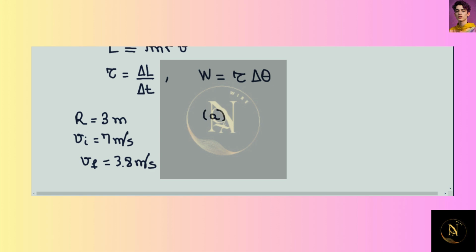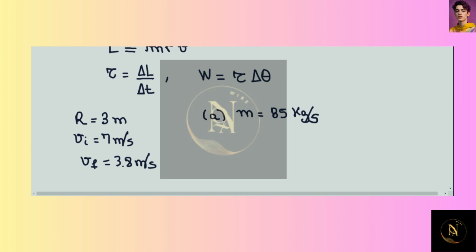In question A, we have to consider that the flux of water through the water wheel is 85 kilograms per second, and we have to calculate the rate with which the water delivers angular momentum to the water wheel. So the water loses angular momentum, and this angular momentum ends up with the water wheel.